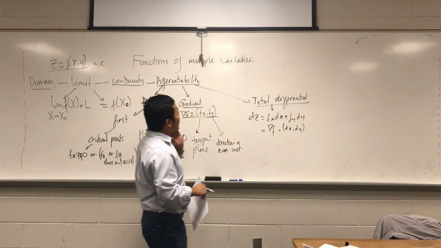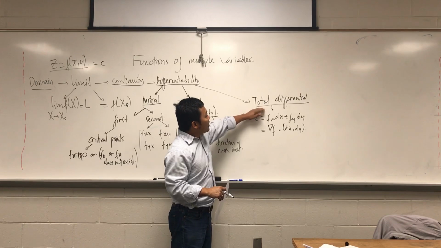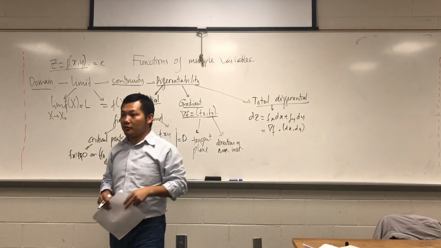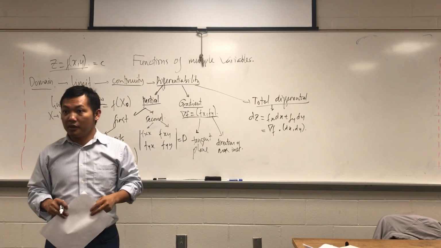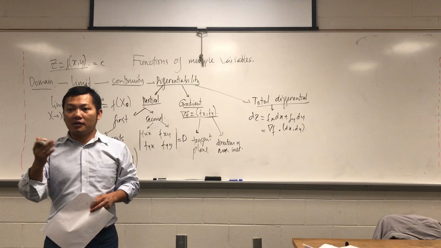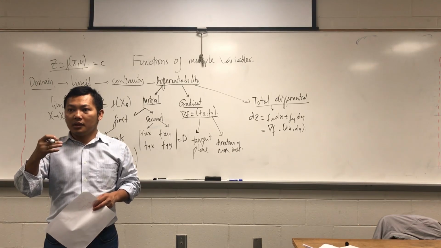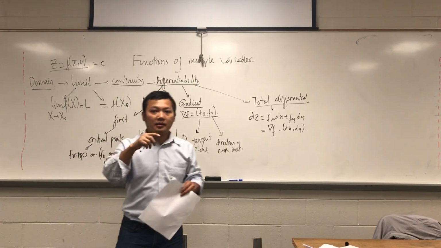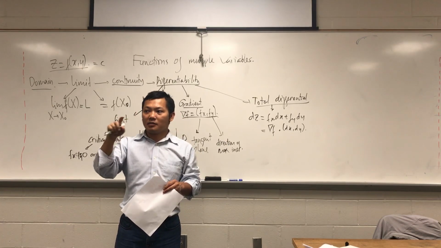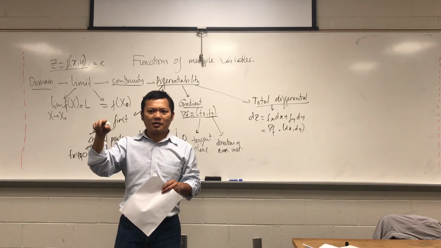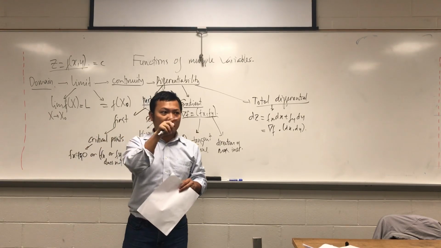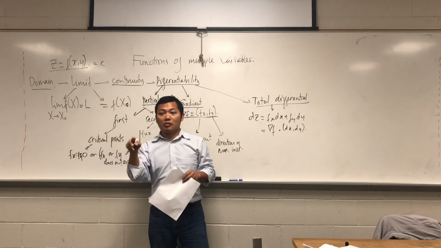This formula reminds you about the differentiability of a function of two variables. What's that? It means your function can be represented in the form of the differential plus epsilon 1 delta x plus epsilon 2 delta y, where epsilon 1 and epsilon 2 are very small, right?